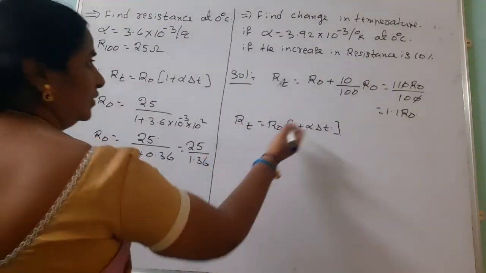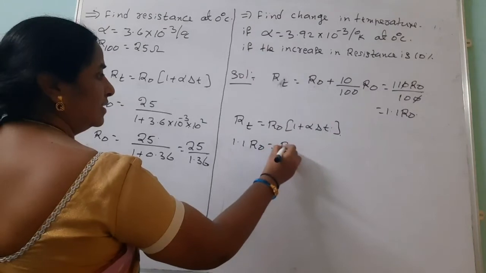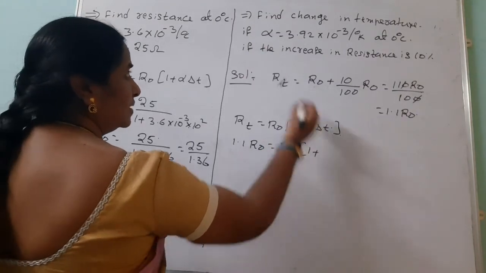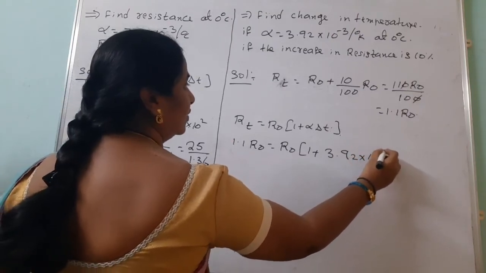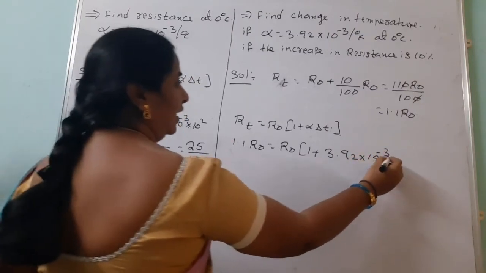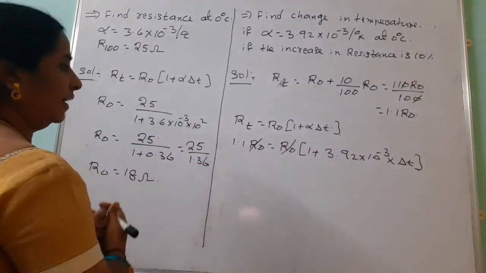Then substitute all values: 1.1 R naught equals R naught into 1 plus alpha, where alpha is 3.92 into 10 to the power of minus 3, and the change in temperature is delta T. This R naught cancels.